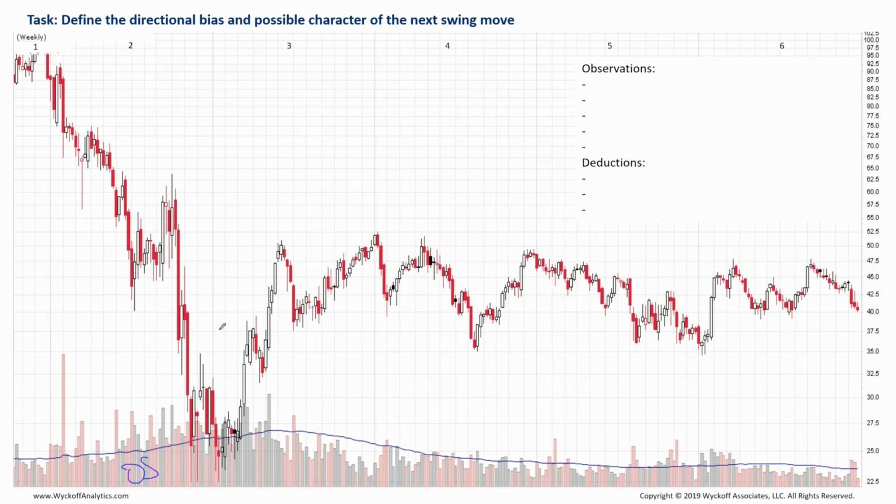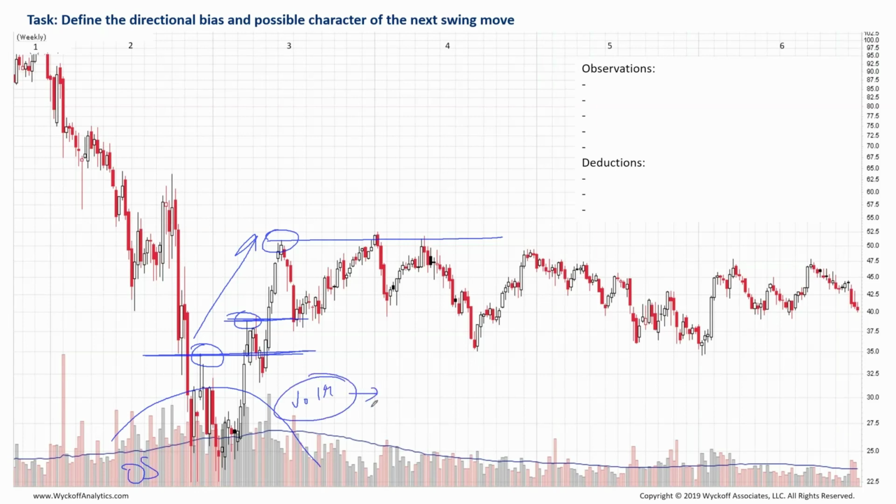And then our next commitment is going to be above this line and above this resistance, and then above this resistance. As we go up and commit to the upside, and we come out of the oversold condition and the volume has increased so much, what do you think they have done here?